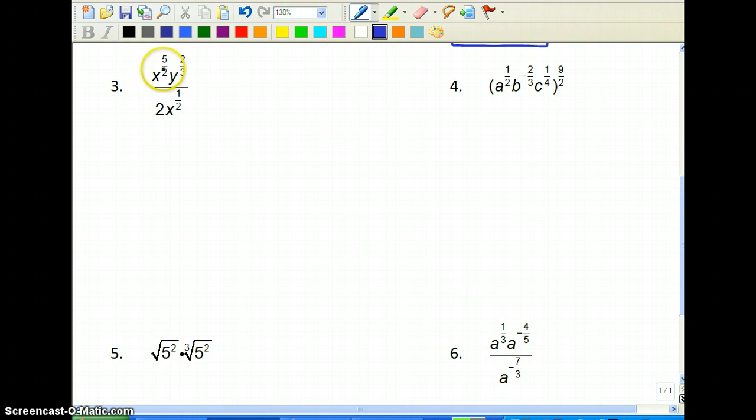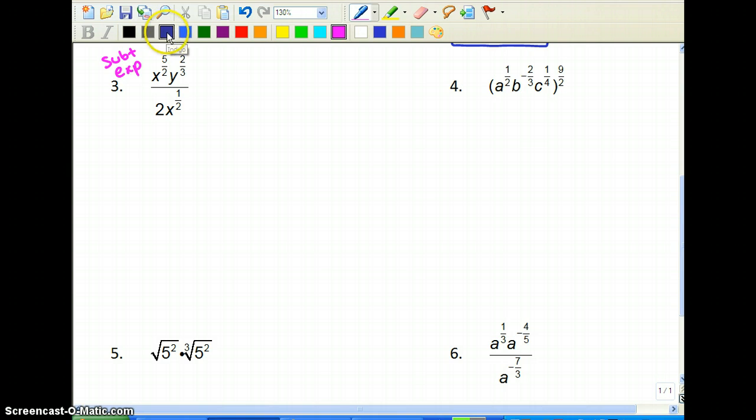Okay? Remember, you only can add these exponents if they have the same base. So they don't have the same base. But we should notice that these x's are the same. So when you're dividing, what do you do with the exponents? You subtract the exponents.